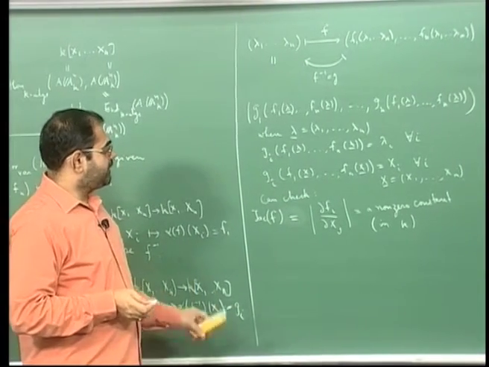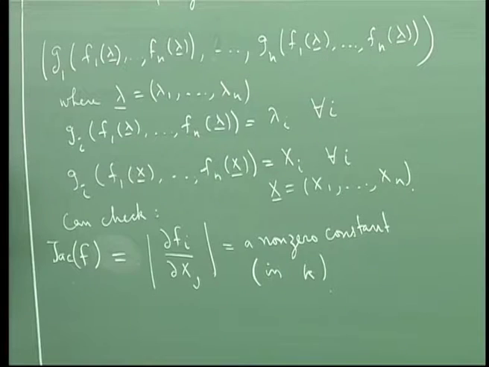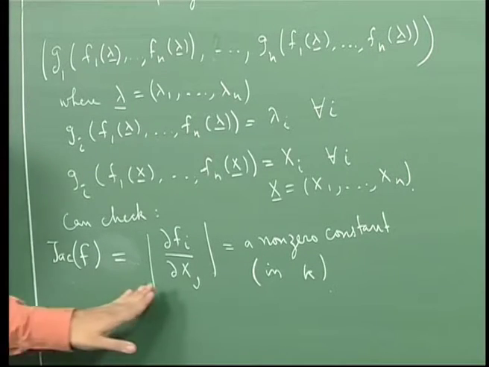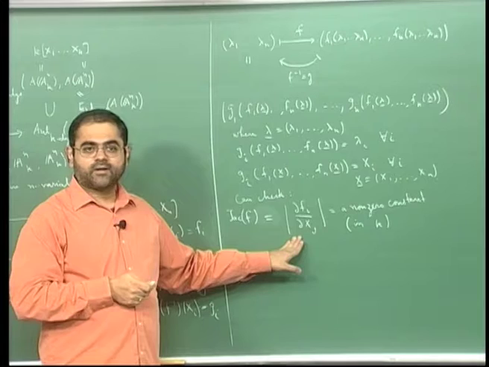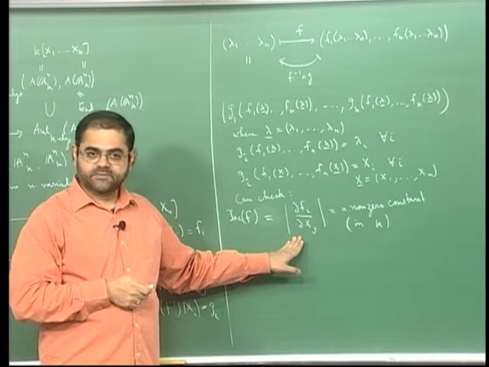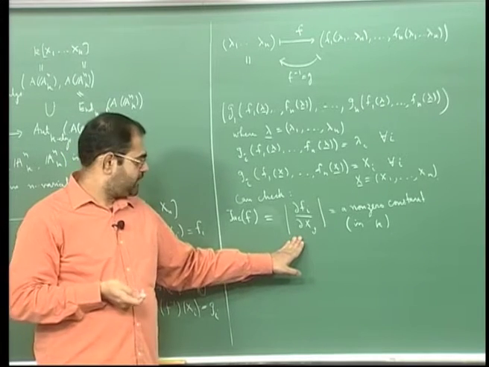The point I want to make is that if you calculate this Jacobian determinant, you expect it only to be a polynomial, because every entry is a polynomial gotten by taking a partial derivative with respect to one of the variables.